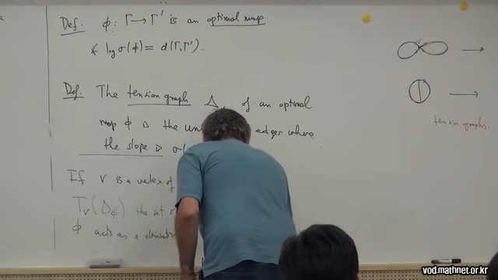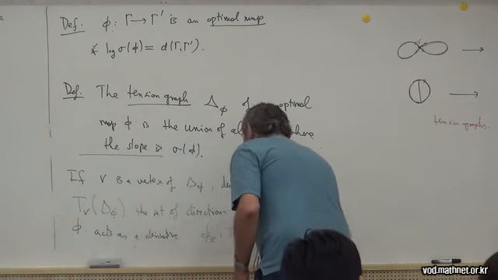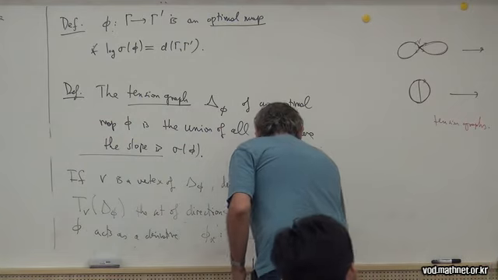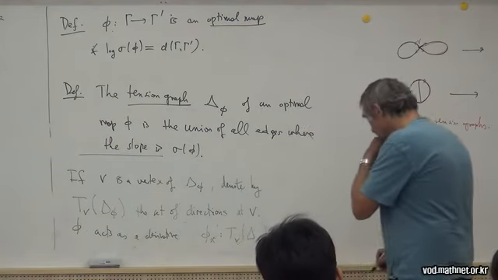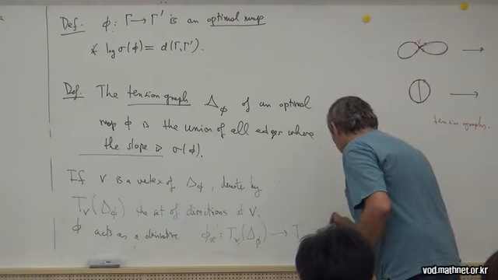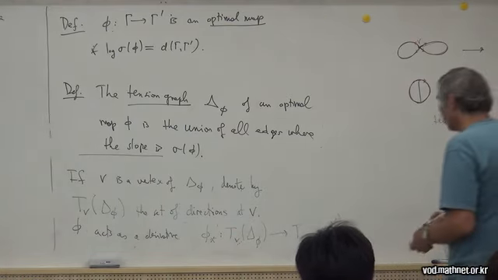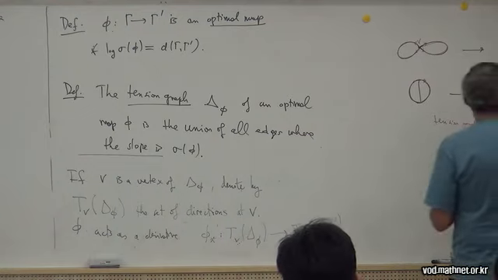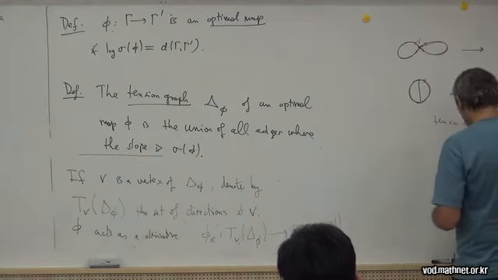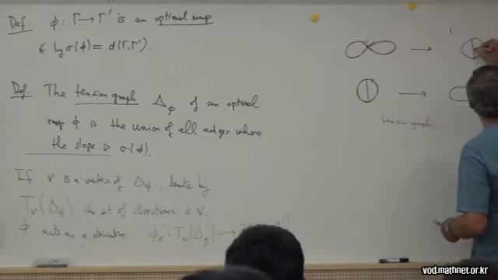It goes from Tv of delta phi into T phi of v. You look at the image point and you're looking at the directions in gamma prime. For example, here this vertex v goes to the middle over here.